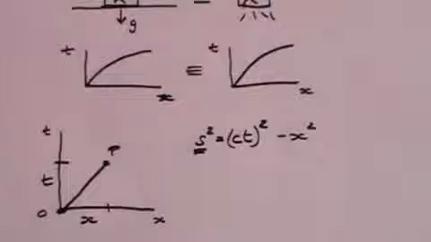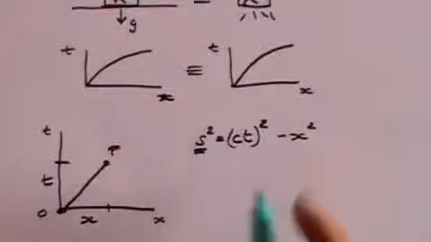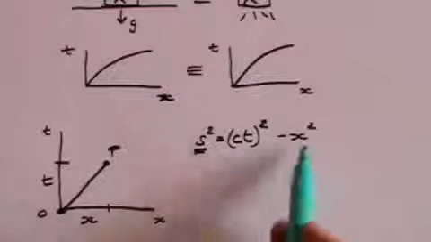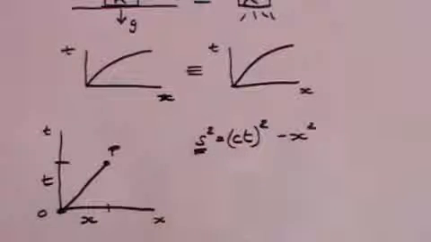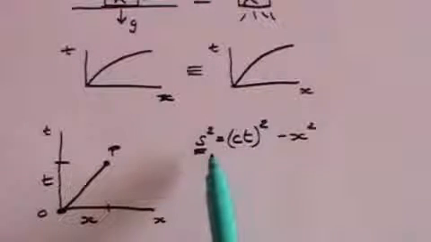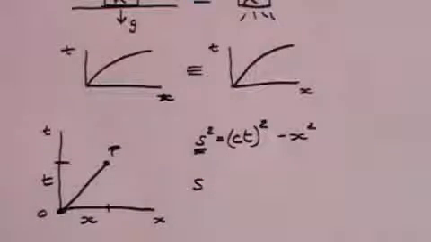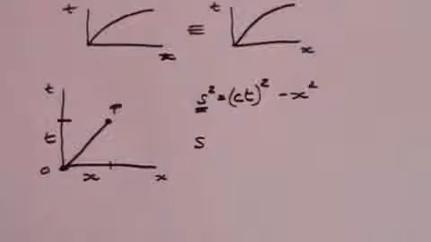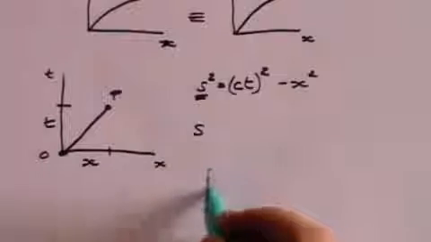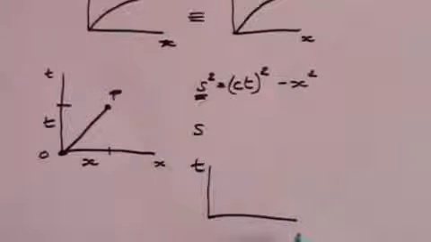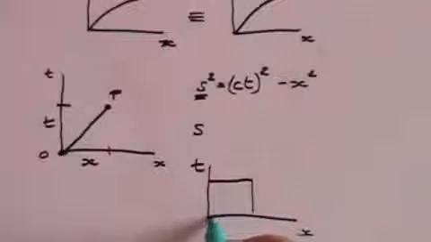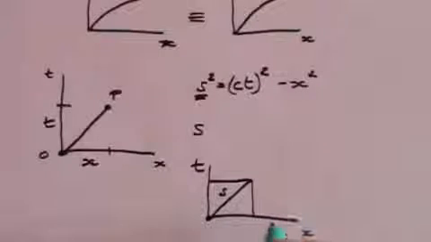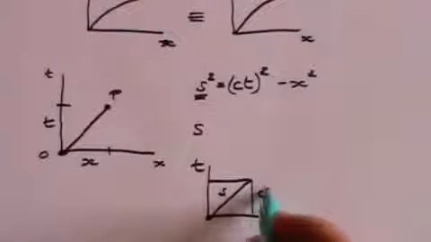But we've never actually said what s squared is. Well, ct is a measure of distance. Speed times time gives you distance. And x is also a measure of distance. So s must itself be a measure of distance. And s is in fact the path through space-time. Now, at first thought you might have expected that the distance through space-time of travelling from point O to point P, if that distance is s, is such that this distance here is ct.